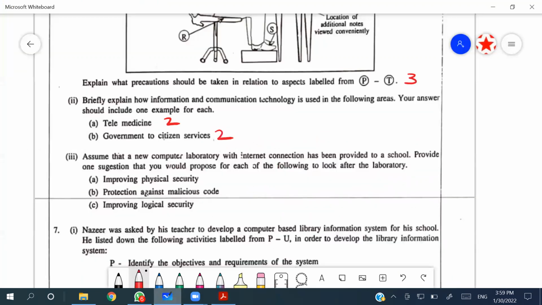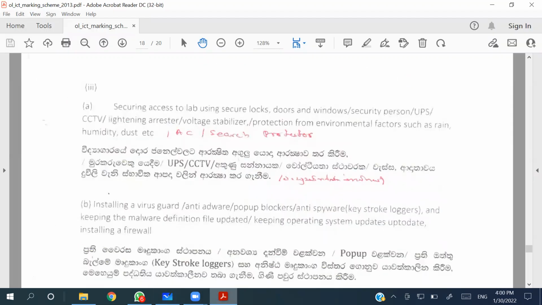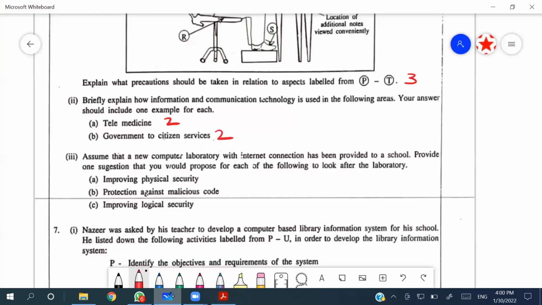And the next one is protection against malicious codes. That can say installing virus guards, having a firewall, right? Having pop-up blockers, installing antivirus software, right? And updating the virus guard properly, like having it up to date, right? So those things can be taken as the protection from malicious software.